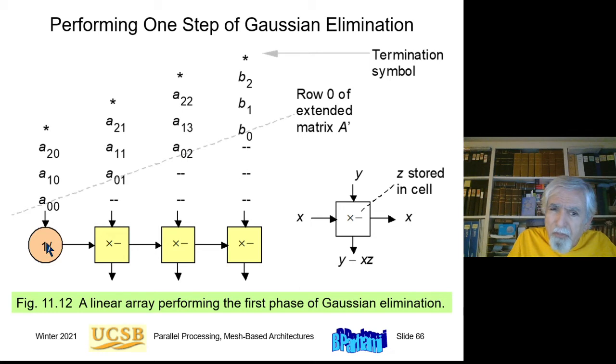Its inverse is computed, and that inverse is broadcast to all of these cells. Okay, because that tells you, when you compute the inverse of this, all the other elements must be multiplied by that inverse, and then a subtraction takes place. So the cell computes what comes in from above minus the product of x multiplied by the z, which is stored by the cell.